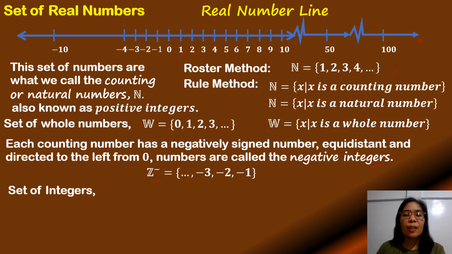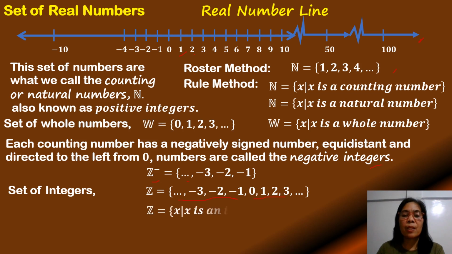So the set of integers now includes the set of negative integers, which goes up to negative 1, and then the set of whole numbers. So our integers are the negative integers, 0, and then the positive integers. We denote that in the rule method: Z is the set of x such that x is an integer.